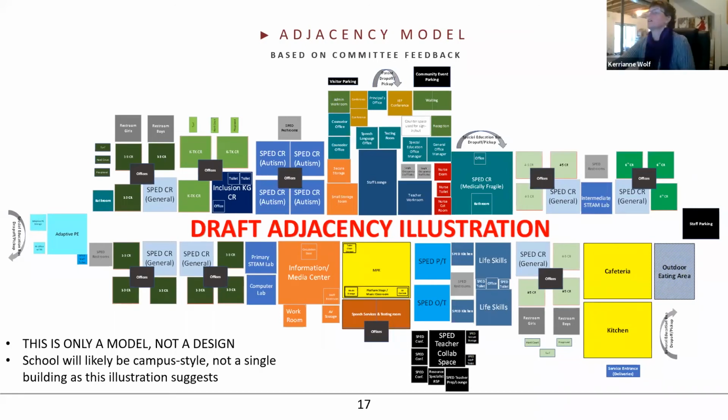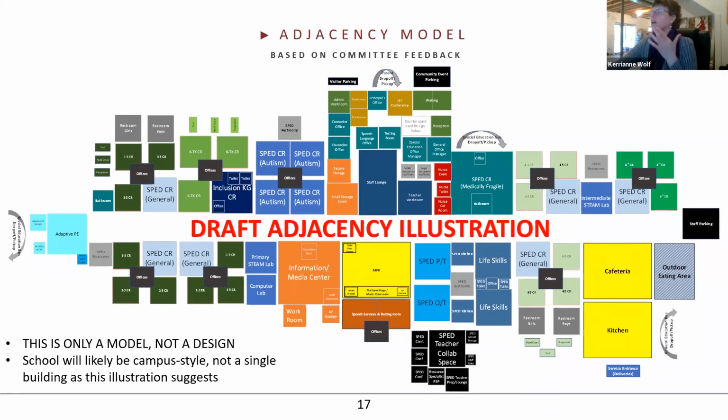Okay. So last but not least, I want to talk a little bit about some of these outdoor spaces and pick up and drop offs. So let me just tell you the edits that I'm anticipating making, and then we can talk about where the pick up and drop offs are.